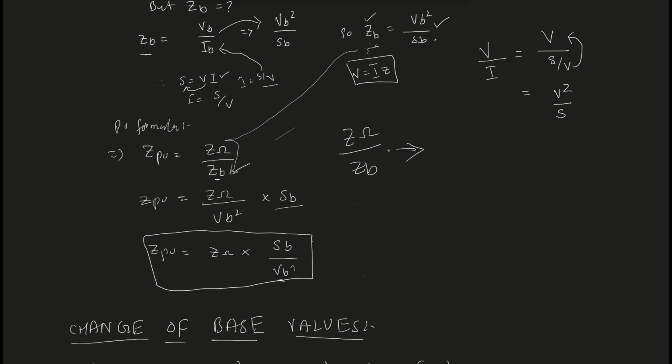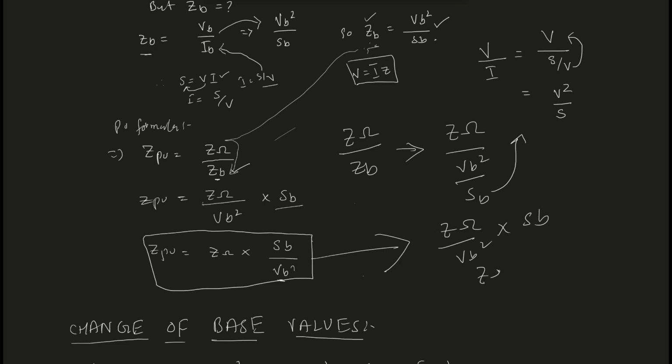If I substitute the ZB value, it will be Z ohm by VB square by SB. SB will go up and be multiplied, so we get Z ohm times SB divided by VB square.